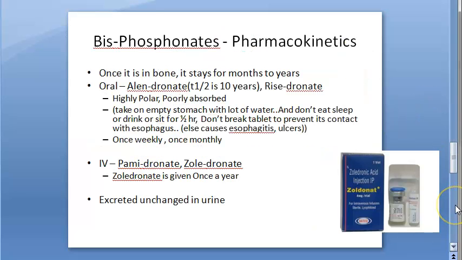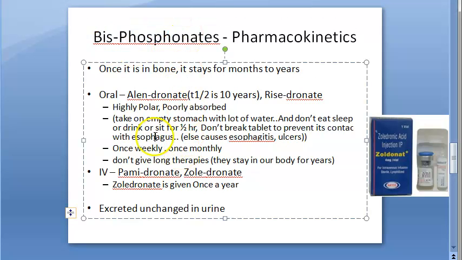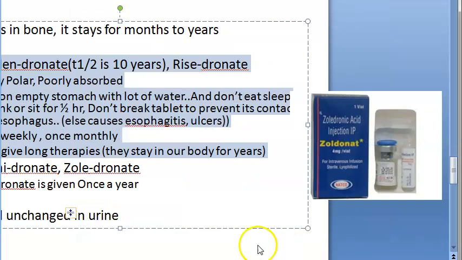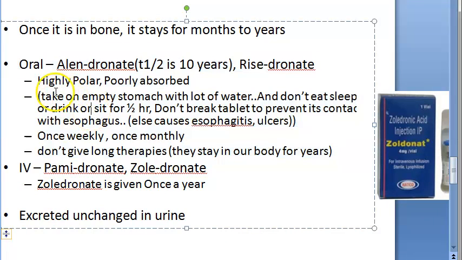Then, we saw the pharmacokinetics. Basically, the oral bioavailability of these bisphosphonates is very low. Why? They are very highly polar, so they are poorly absorbed from the GIT. So these are the instructions given with bisphosphonates. Pay attention here, guys.